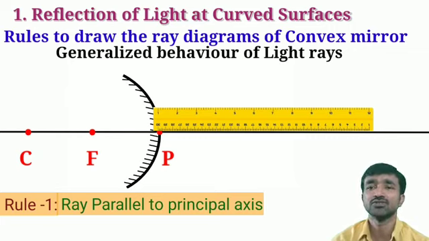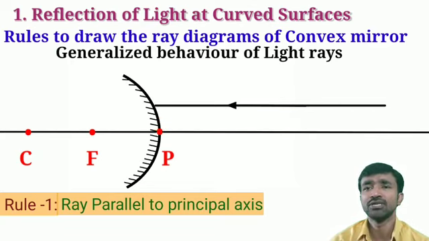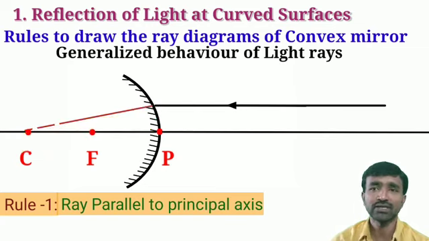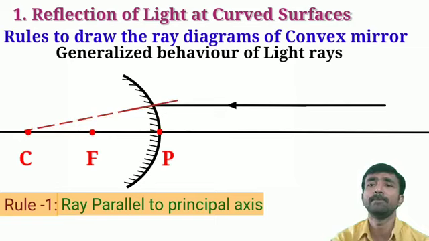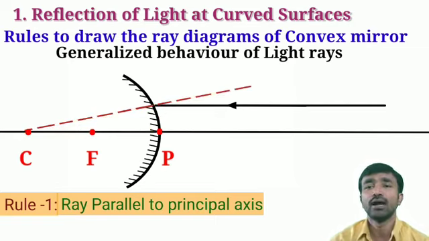Draw as you see here. Then we need a normal. For a curved surface, the normal is the radius. Construct a radius towards the point of incidence using your scale, join it, then extend it outside of the mirror also. Always draw the radius or normal at the point of incidence with a dotted line.